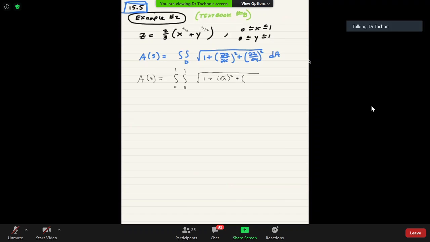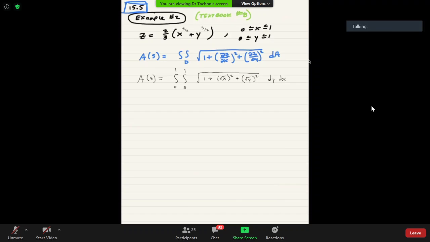Then I need the partial with respect to y. When you take the partial of z with respect to y, the 3/2 comes around front and cancels with the 2/3, doesn't it? Take one away from the exponent, you get radical y. Don't forget you want to square that. And then dy dx or dx dy, it doesn't matter. This one's just a toss-up.